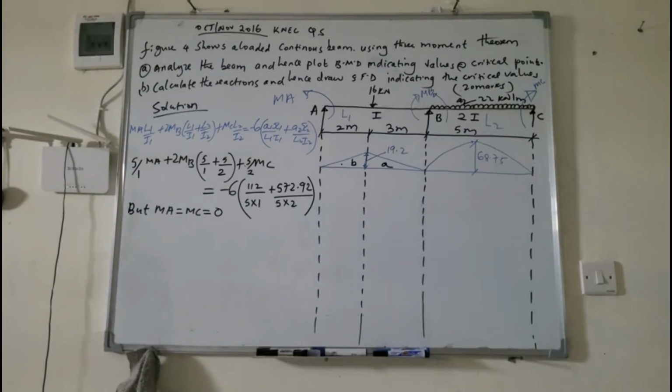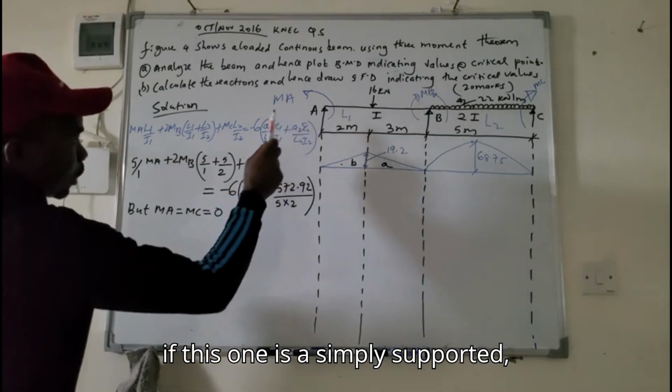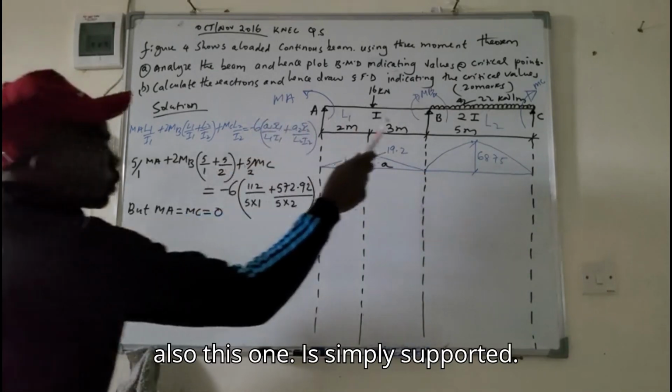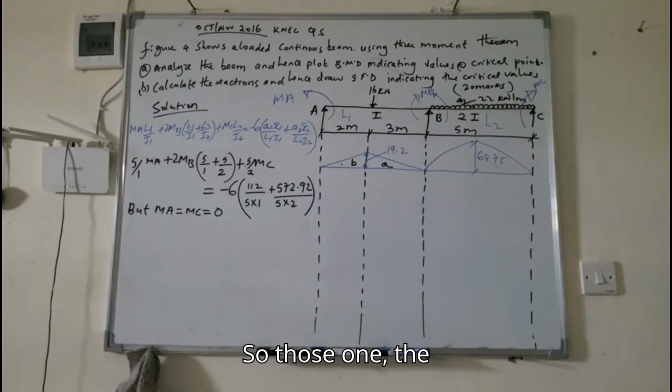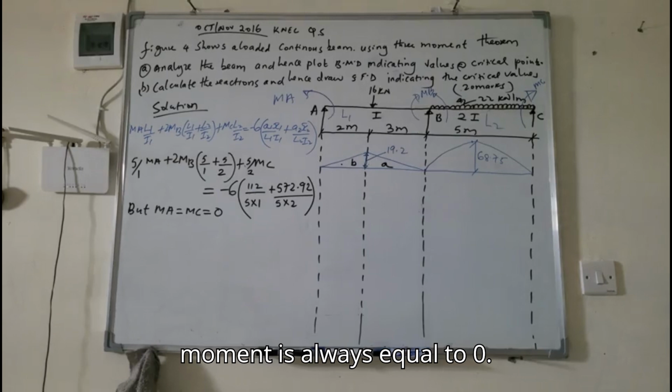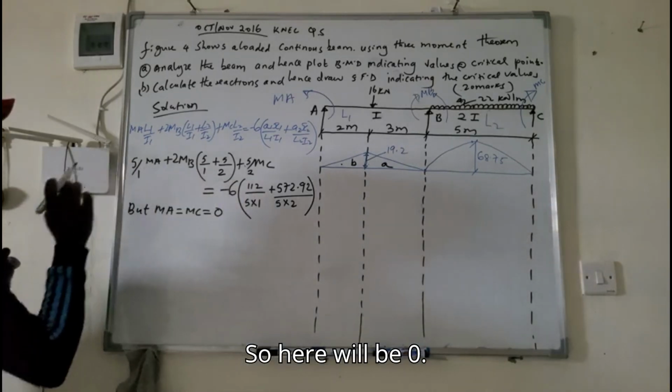This one is simply supported, and also this one is simply supported. So for those, the moment is always equal to 0. So here will be 0.